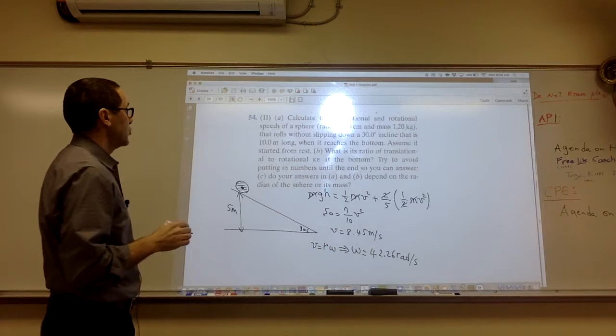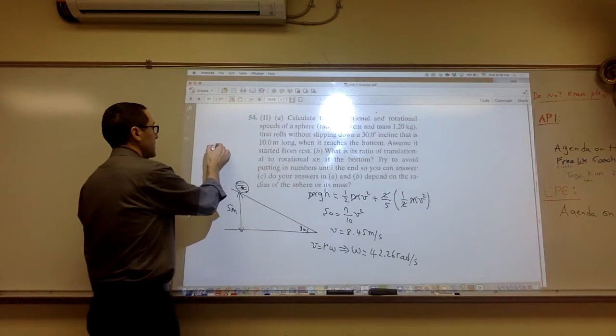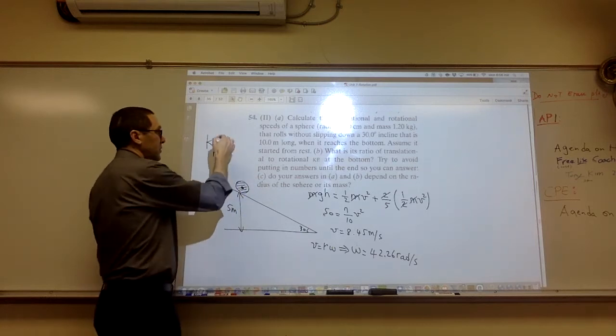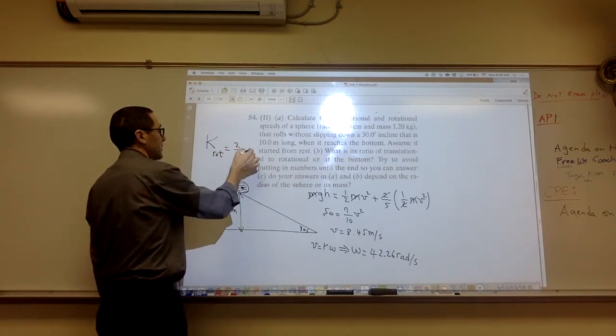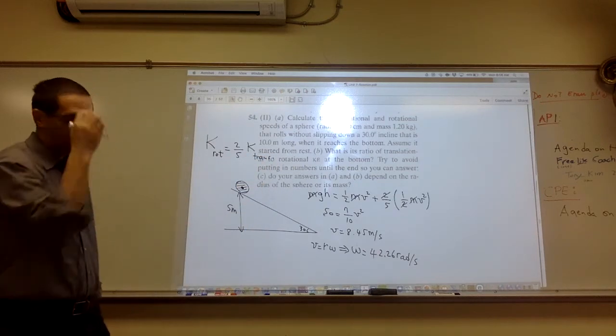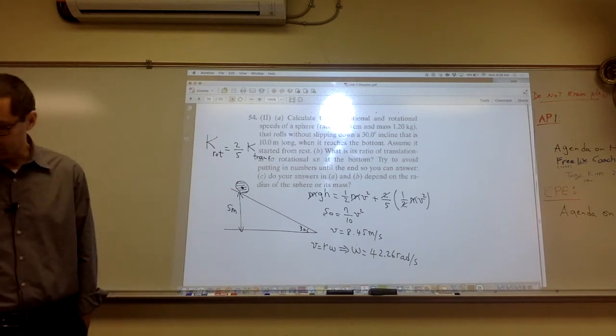What is the ratio of the translational to rotational kinetic energy at the bottom? Well, I think we said in the past that kinetic rotational is equal to the coefficient, this is a sphere, times K translational. So the ratio is 5:2 basically.